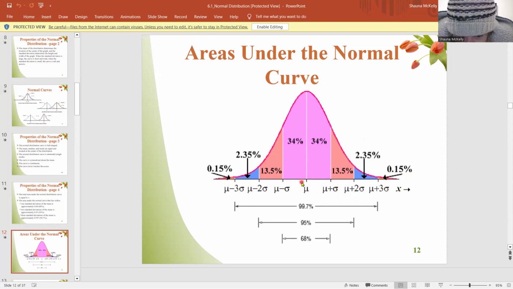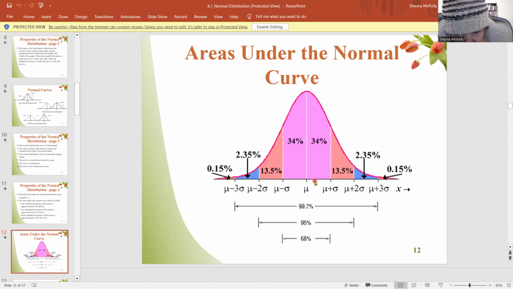So she said, what percentage of the area lies within 1 standard deviation above the mean? So we know that 68% lies within 1 standard deviation without specifying a direction. 68% lies within 1 standard deviation.